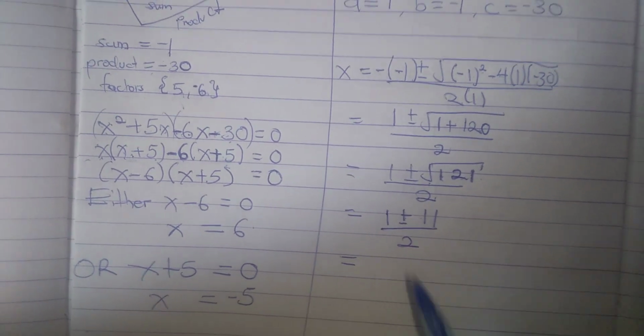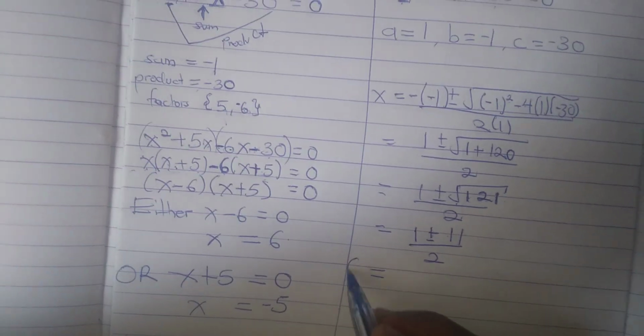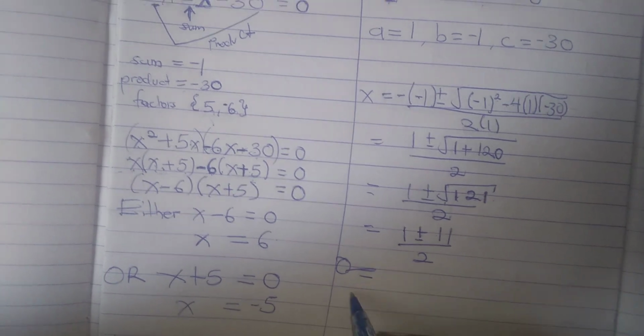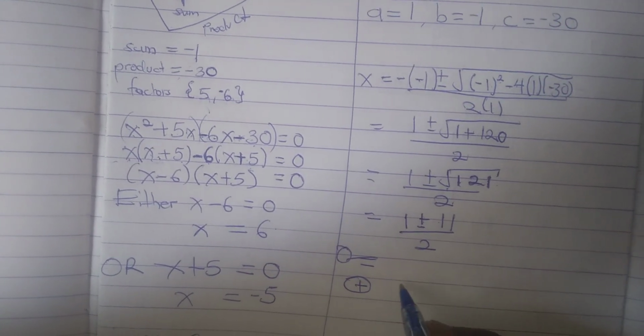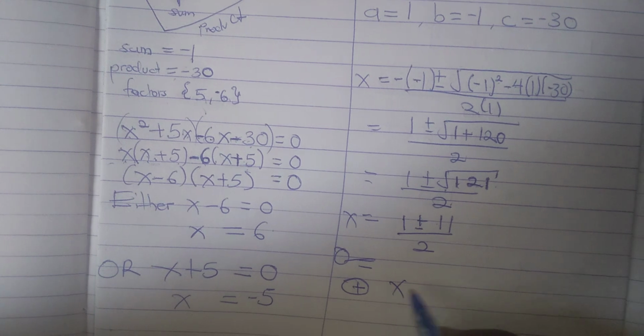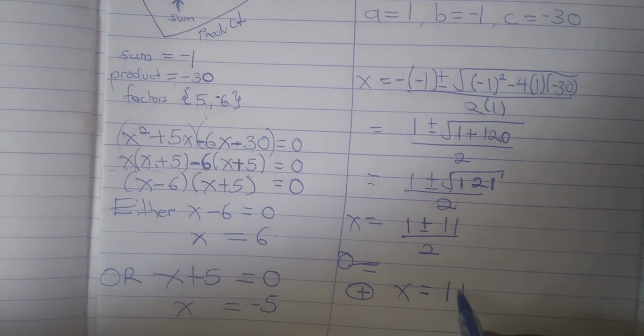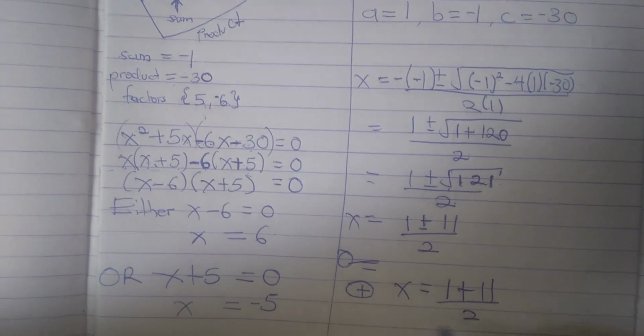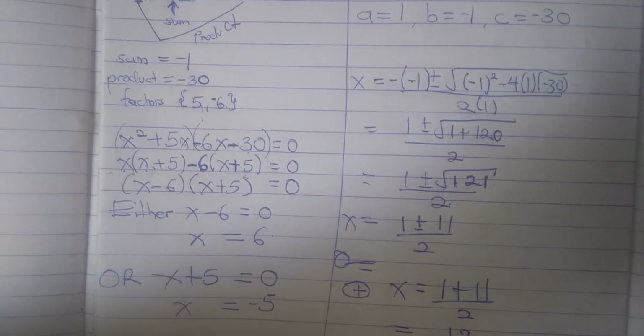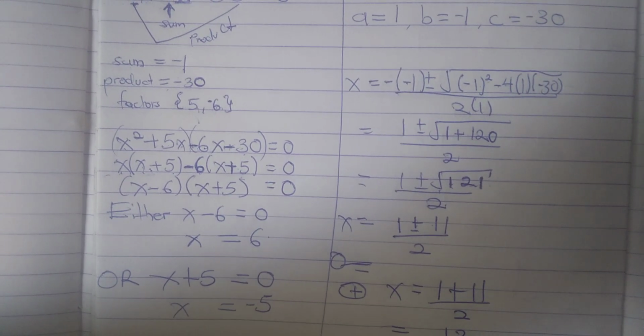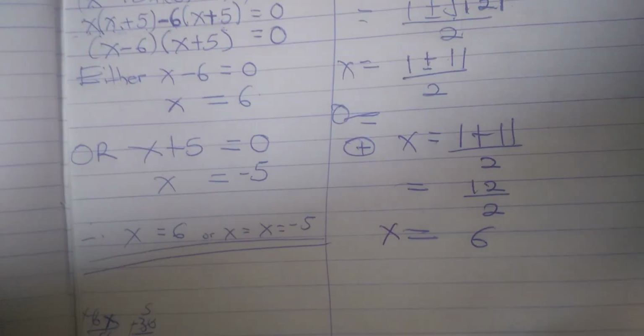From there, we shall consider positive first. If I consider positive, I'll have my x equating to 1 plus 11 over 2. So 1 plus 11 is 12 over 2, it is 6. So that is my first value for x.